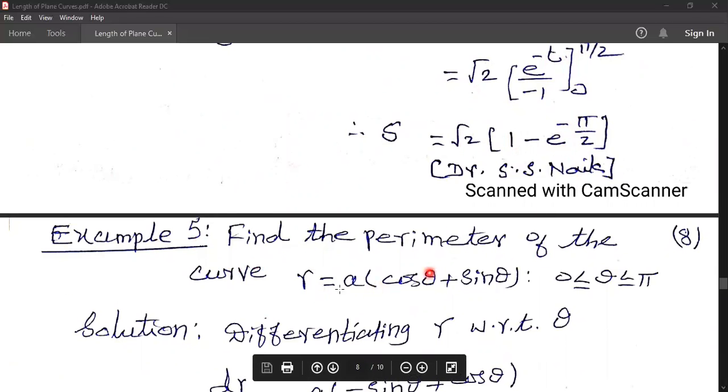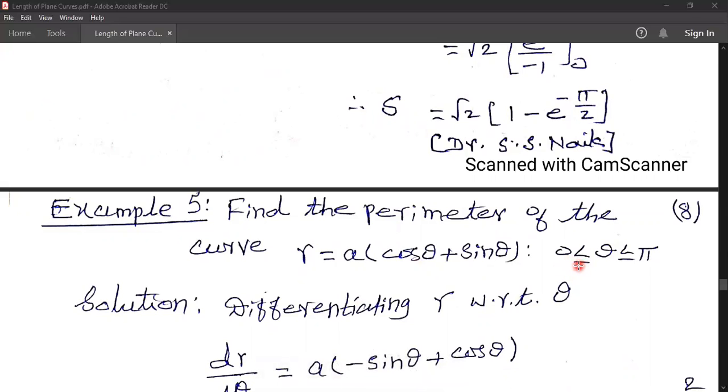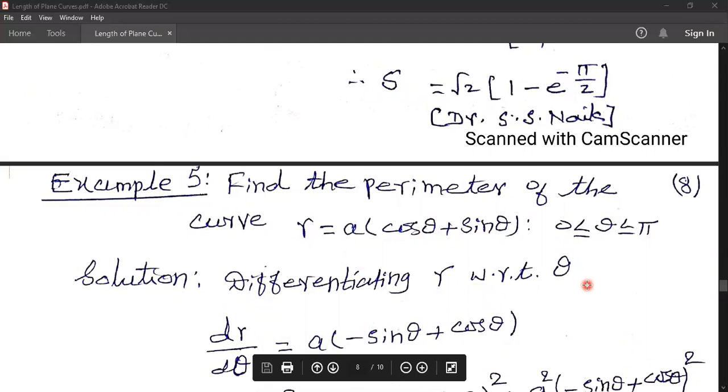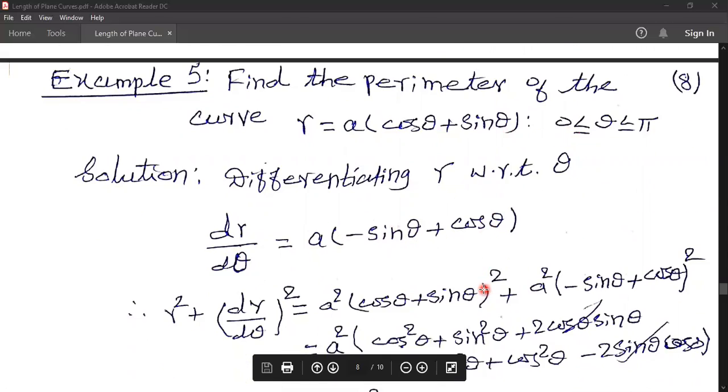Find the perimeter of the curve r is equal to a (cos theta plus sine theta), where theta lies between 0 and pi. Now here r is a function of theta, that is, you get a polar curve. Then differentiating r with respect to theta, you get dr by d theta is equal to a into (cos theta derivative is minus sine theta and sine theta derivative is cos theta).